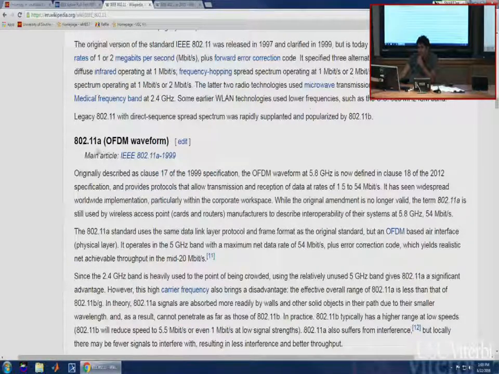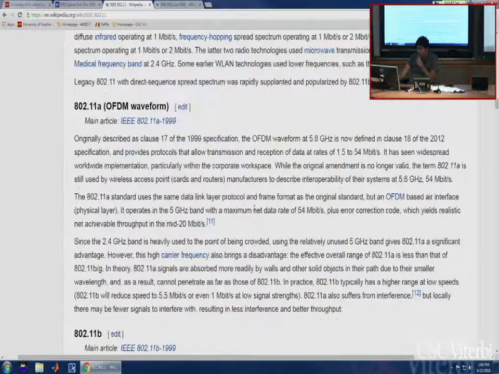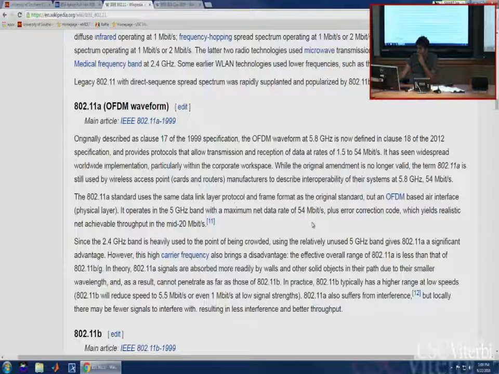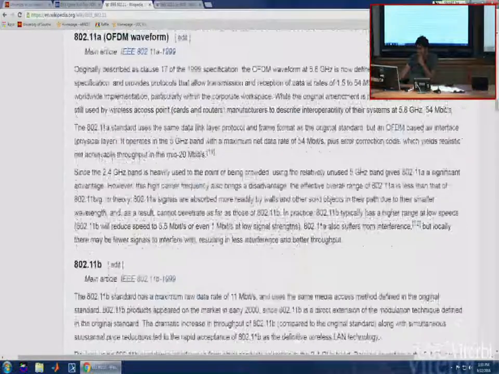If you look at the 802.11a, it already started to use OFDM. I don't know if it talks about the number of OFDM carriers here.